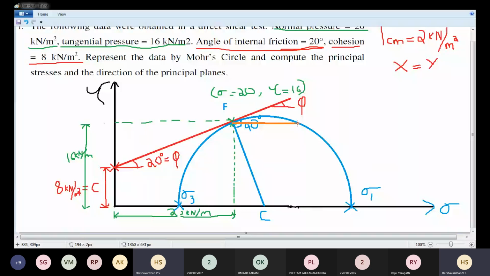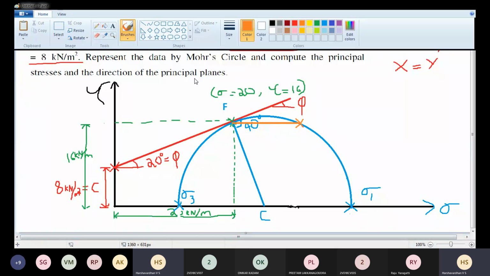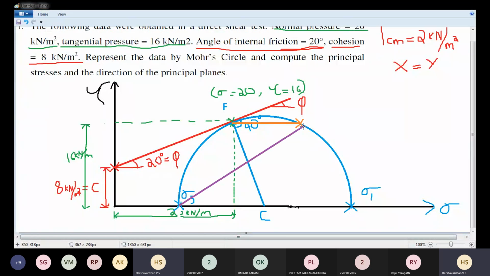I'll draw a horizontal line from this point. Next, I'll mark this point. Next, from the minor principal stress, I'll draw a straight line to this point. And again, from this point to the major principal stress, I'll draw one more straight line.